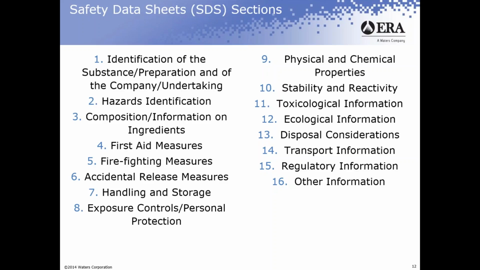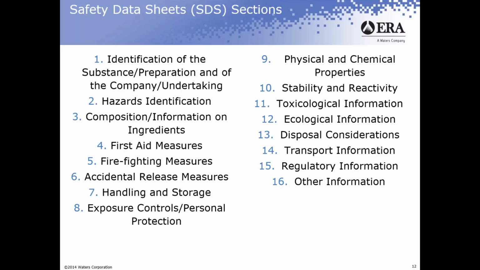And at this point in this presentation, you may say, oh my gosh, there's a lot of information, there's many countries, variations, there's all sorts of languages. How does ERA and how does Waters keep up with this? Well, we realize that this is extremely important. We take this very, very seriously for the care of human health, the environment, not only in our own operations, but also you being our customers. And what we do is we work with an expert third-party provider who does this all for us.